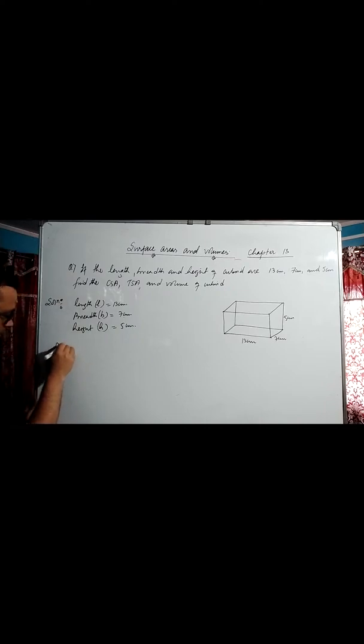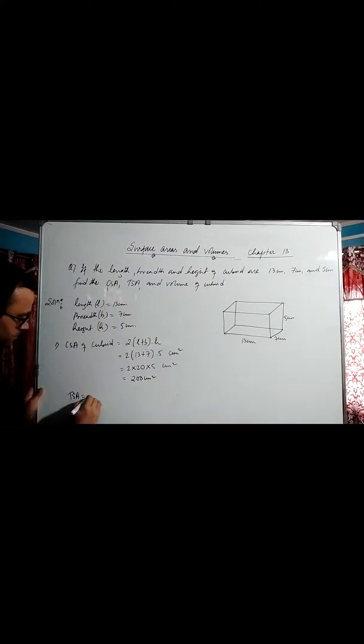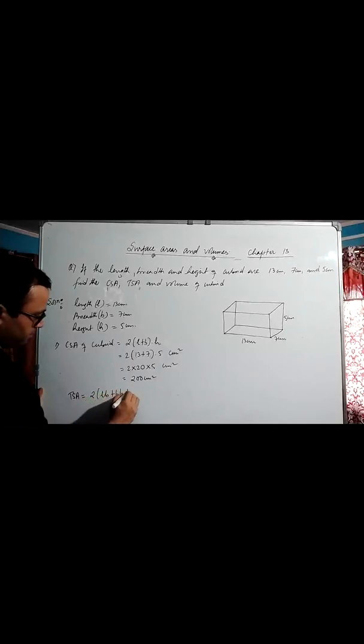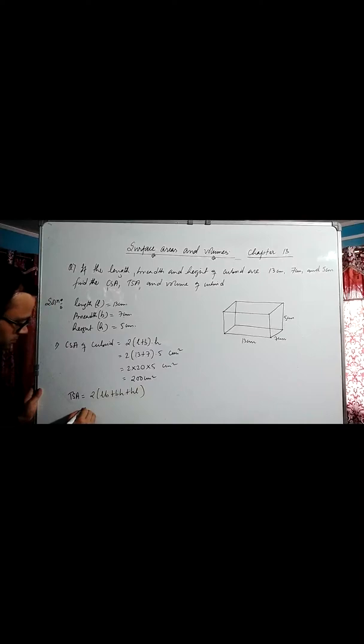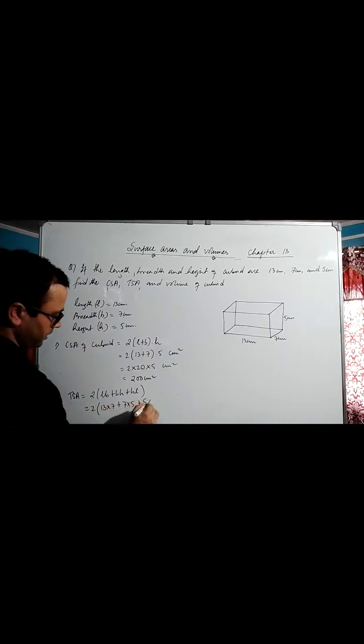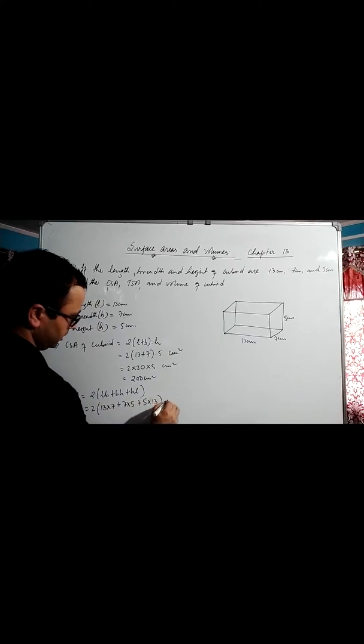Now first we calculate the surface area of the cuboid. It can be written as 2 times LB plus BH plus HL. Now put the values: L is 13 into 7, 7 into 5, 5 into 13. It is in centimeter square.